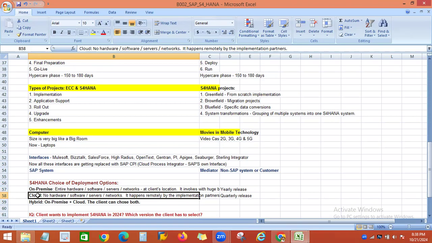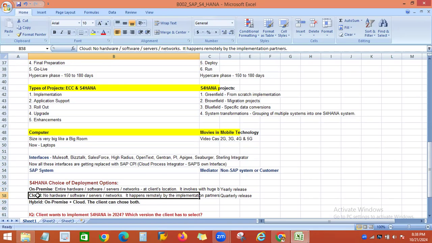For example, Google Drive is there. Google, in Gmail, gives you storage for data up to 15 GB on the cloud. So whether that data is secure, when we are keeping our data on Google Drive, it may or may not be.